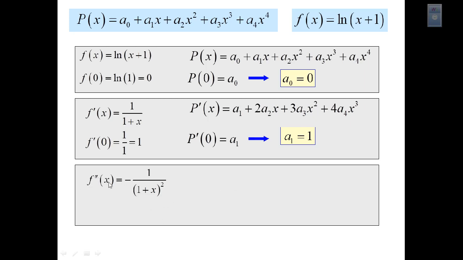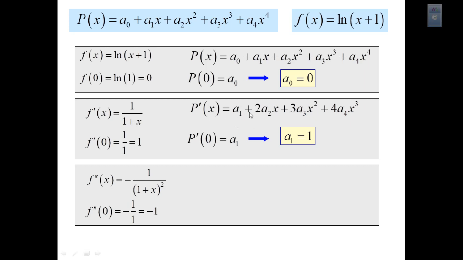So f double prime of x is going to equal negative 1 over 1 plus x quantity squared. And when we evaluate that at 0, f double prime of 0 gives us negative 1 over 1 plus 0, which is 1, and that 1 squared gives us 1 on the bottom, so negative 1 over 1 gives me negative 1.